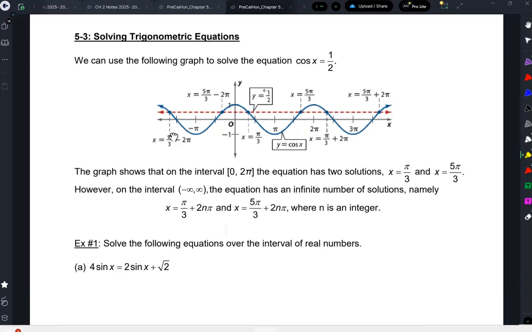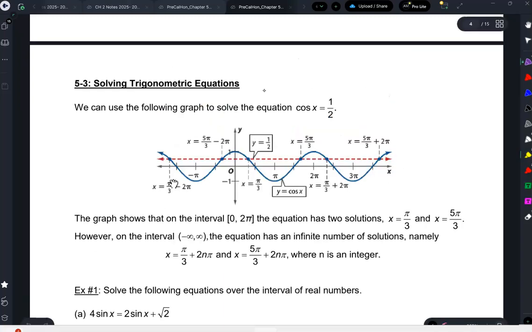Now, with solving any equation, suppose you have an equation like y equals 3x minus 2, and you need to solve it. Or let's say you want to solve 3x minus 2 is equal to 5.